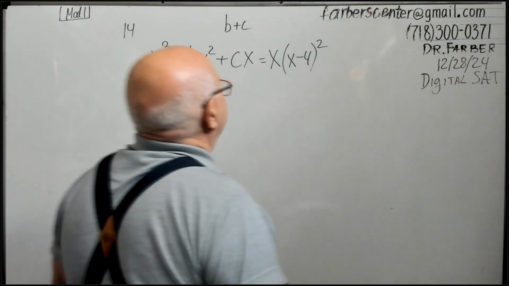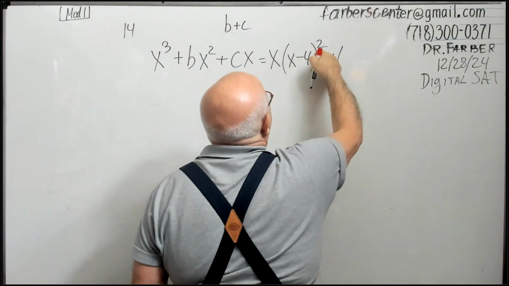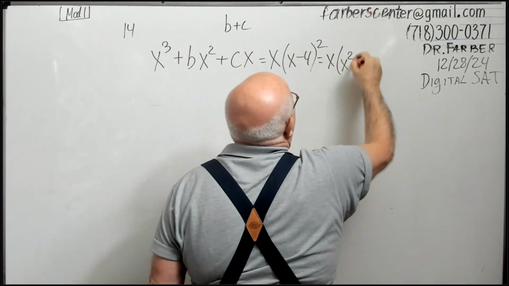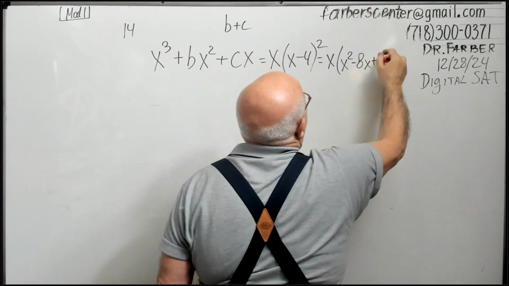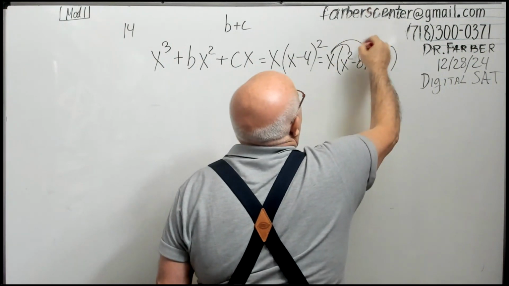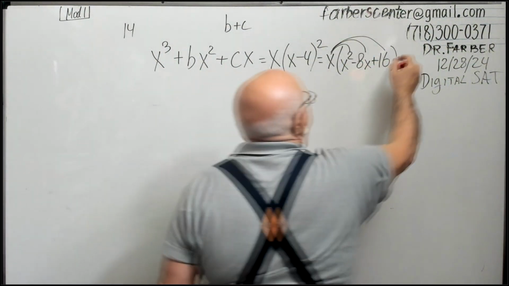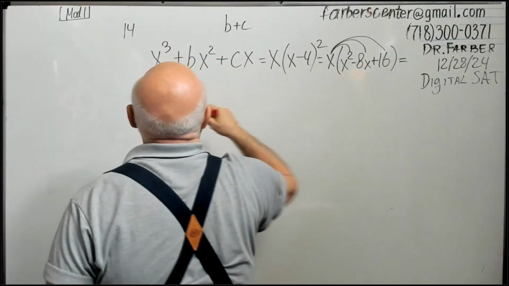Identity equation. The same as before, apply the expanded form, x squared minus 8x plus 16, and use distributive property. It equals x cubed, and line up.